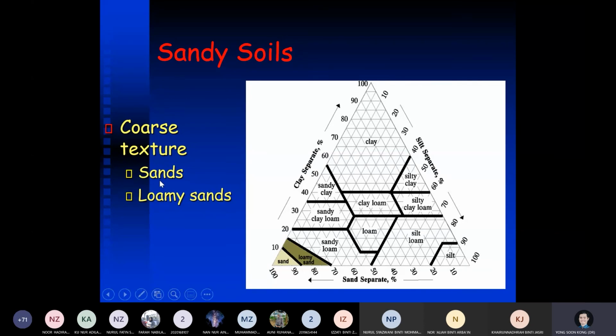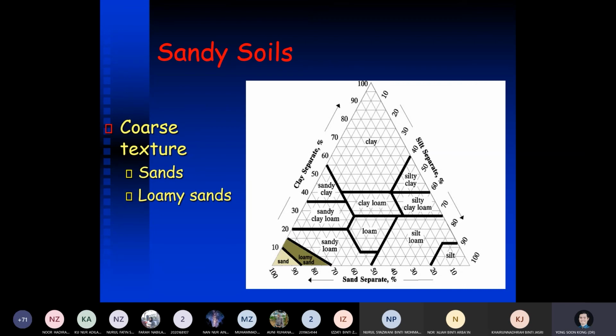I probably will not ask you what is the percentage of sand, silt, and clay for clay loam texture. No, that's probably beyond you. I won't expect you to answer that question, but I expect you to know how to conduct a soil texture experiment. There might be one small question that asks you what is the soil texture based on the percentage of sand, silt, and clay.